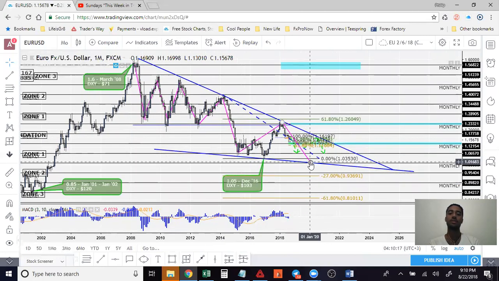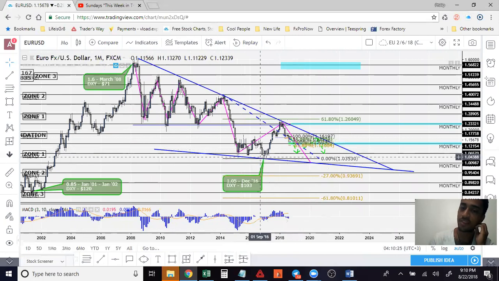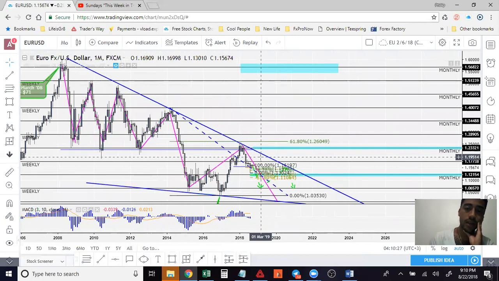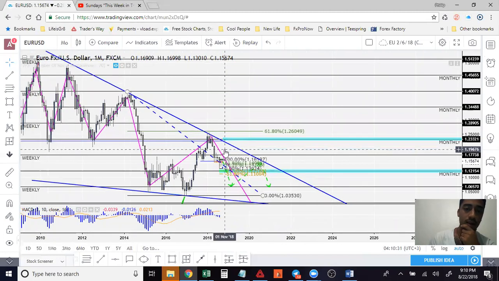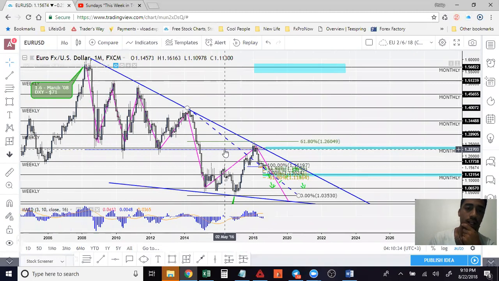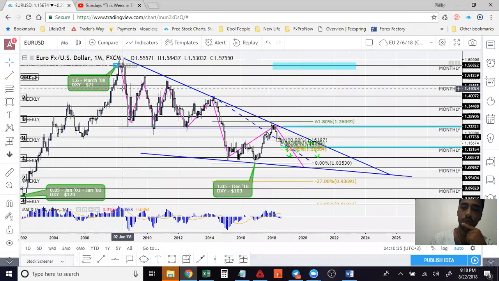I expect the price to get to this trend line, or at least get to this area right here, which will be 100% retrace from this last low over here. Okay? So from there, I see that there are some trend line opportunities I could draw.